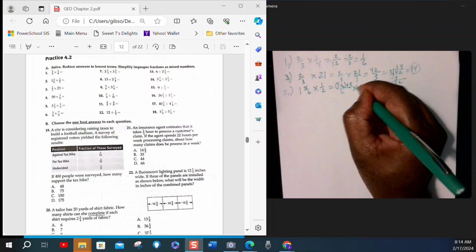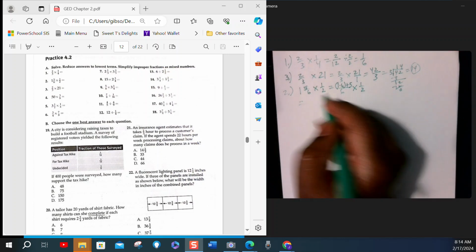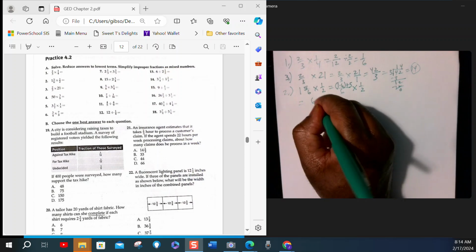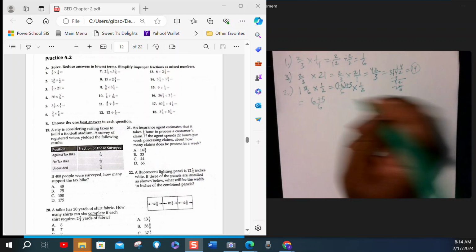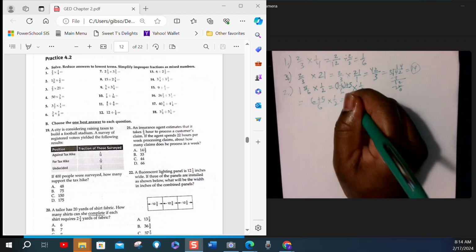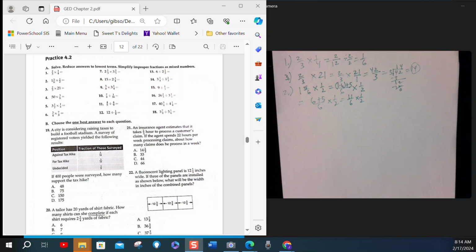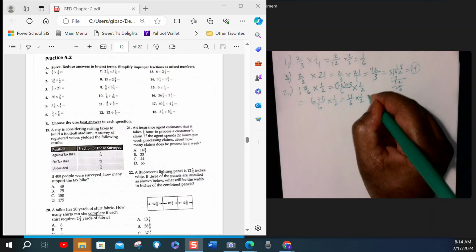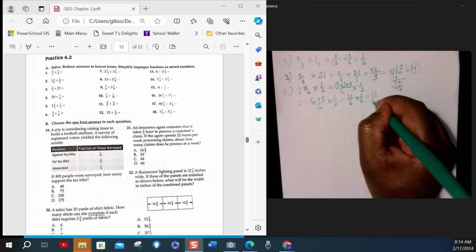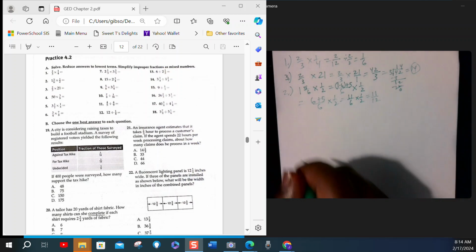And we know that'll be times 1/2. So 1 times 6 is 6, plus 5, over 6, times 1/2. 6 plus 5 is 11 over 6 times 1/2. So we multiply. 11 times 1 is 11. 6 times 2 is 12. So our final answer here is 11/12.